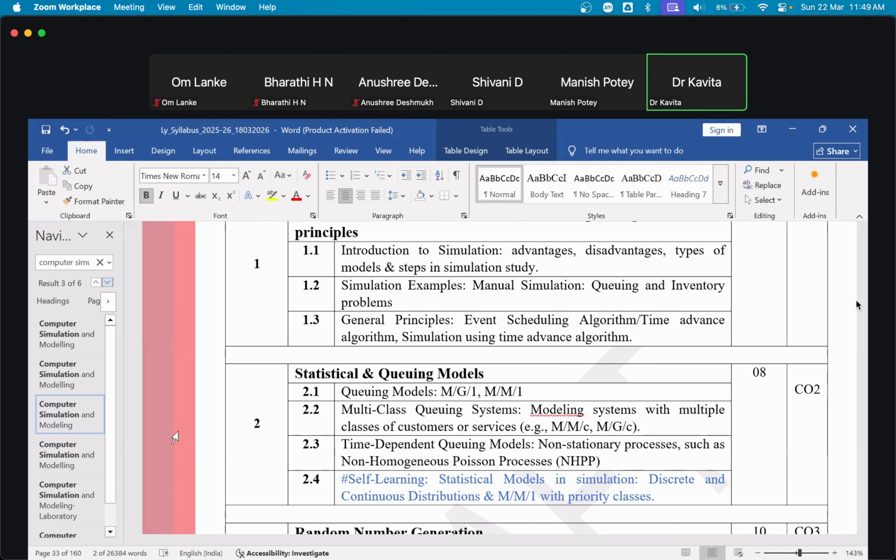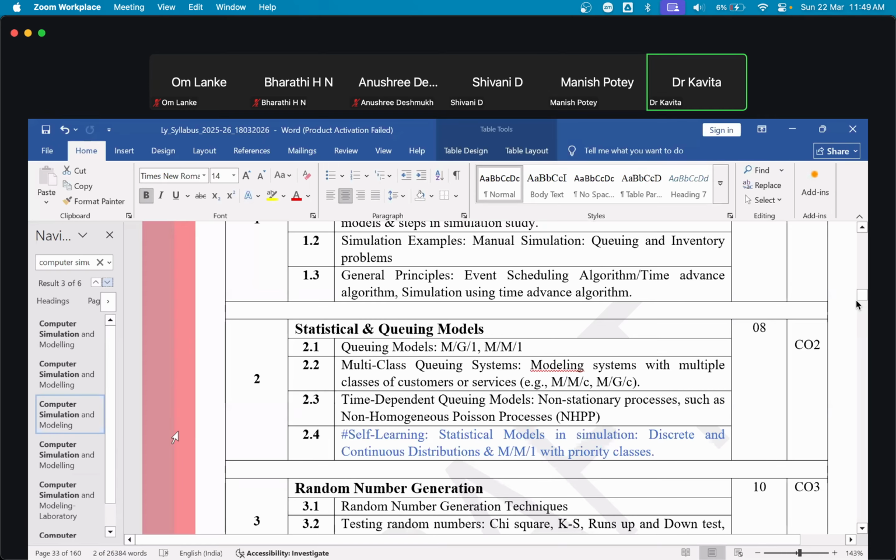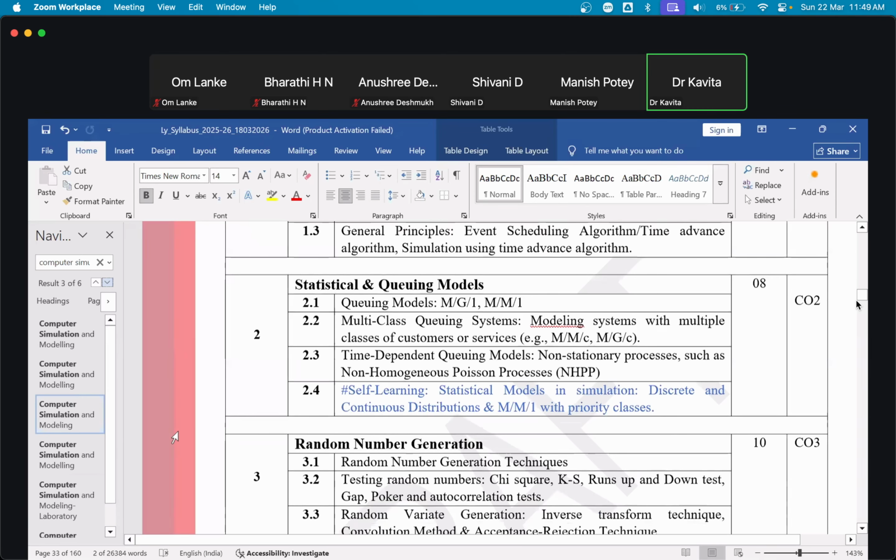Then come random numbers and random variates. How do you test that data?